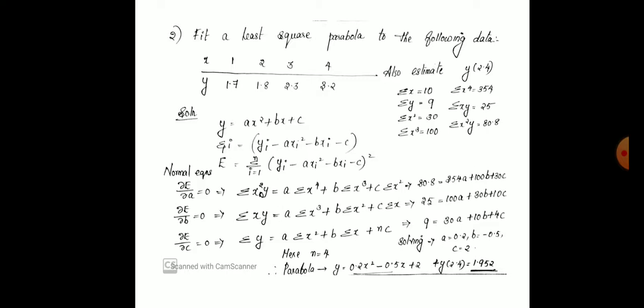And here the normal equations are dou E by dou a equal to 0, dou E by dou b equal to 0 and dou E by dou c equal to 0. The generalized normal equations are sigma x square y equal to a into sigma x raised to 4 plus b sigma x cube plus c sigma x square, which implies 80.8 is equal to 354a plus 100b plus 30c.